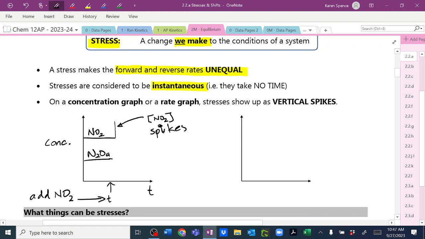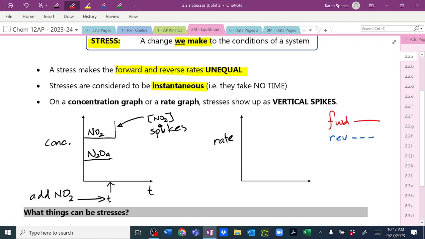Now on a rate graph, any rate graph, you're going to have a forward rate, and you will also have a reverse rate. Okay, so we have a forward rate and we have a reverse rate. If you don't have two different colored pens, you can just do a dashed line and a solid line.